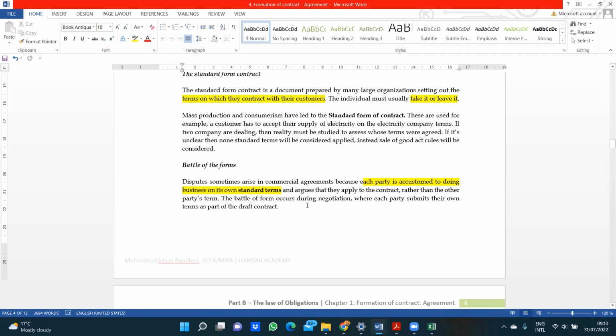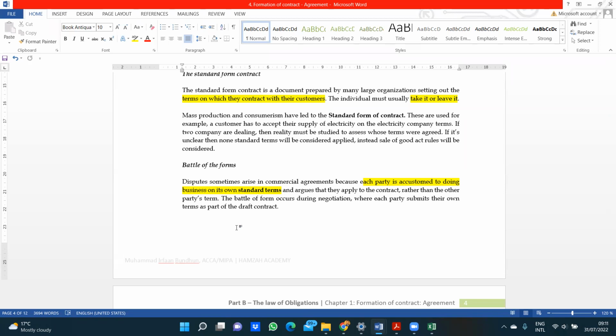The battle of forms occurs during negotiation, where each party submits their own terms as part of the draft contract. It usually occurs in the negotiation phase, where the supplier says, I have a standard form of contract, you either take it or leave it.